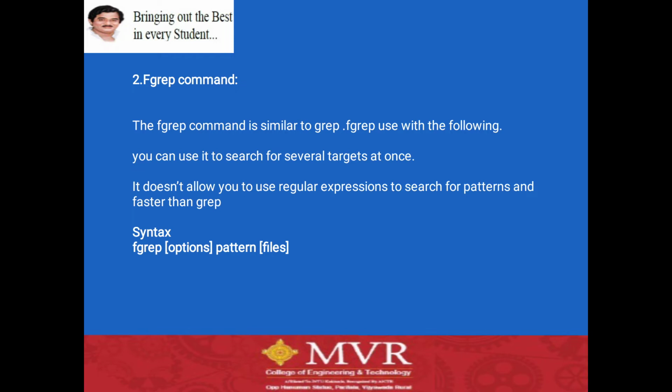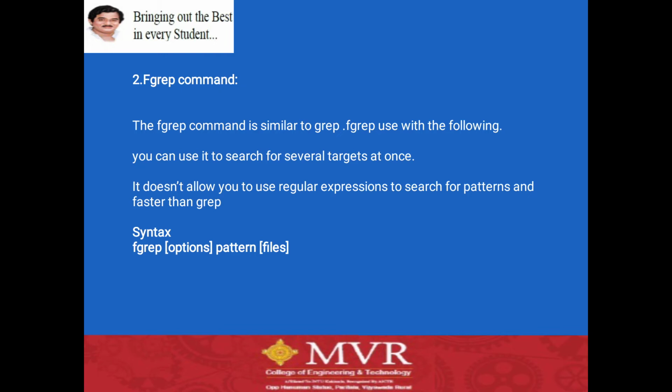With the help of those meta characters and some expressions, we can set some patterns. Those types of regular expressions fgrep will not support. Only several fixed patterns can be matched, so at a time we can search for more than one item. That you can do with fgrep.